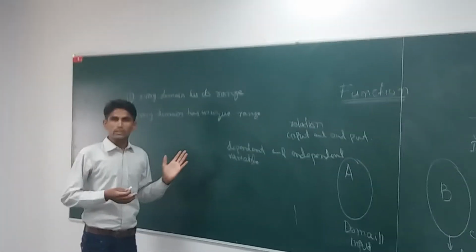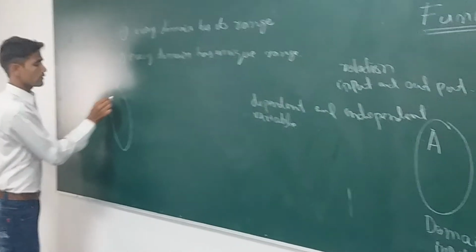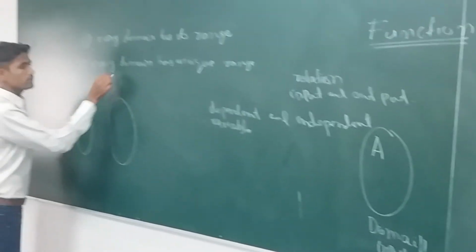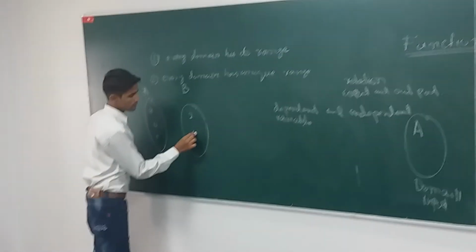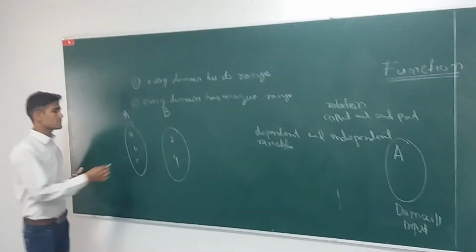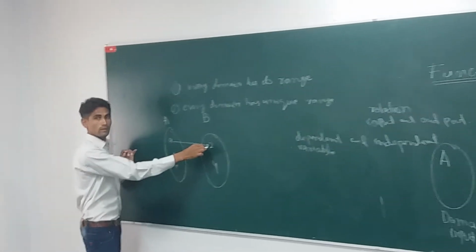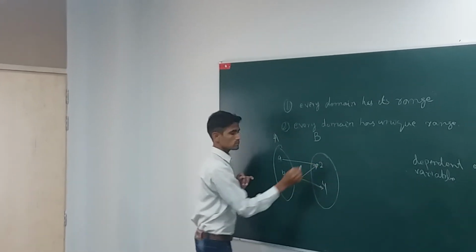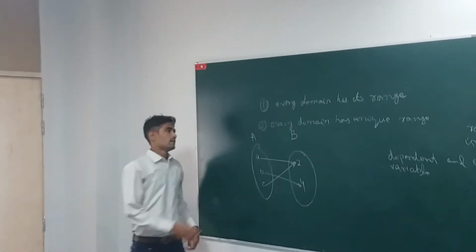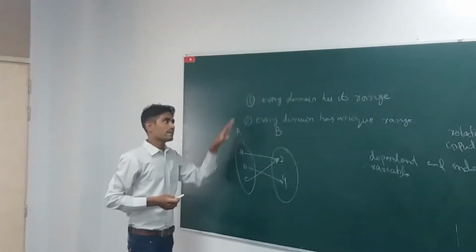What does unique mean? Let's see how these two definitions work. Given two sets, A and B. Set A has A, B and C, and set B has 1, 2 and 4. Suppose A is mapped to 2, B is mapped to 4, and C is also mapped to 2. We check whether this qualifies under the two definitions.